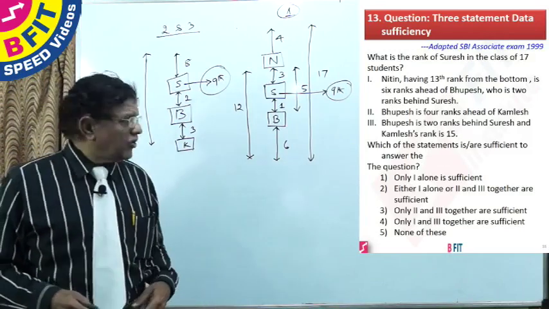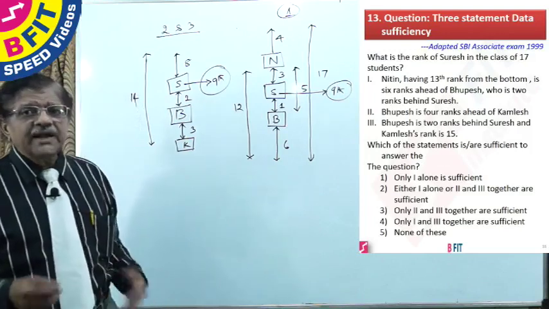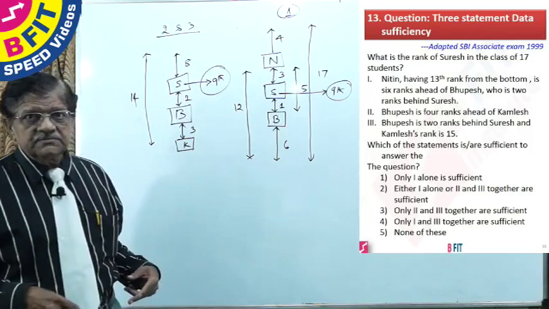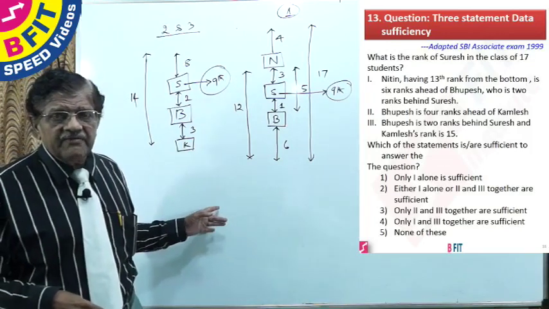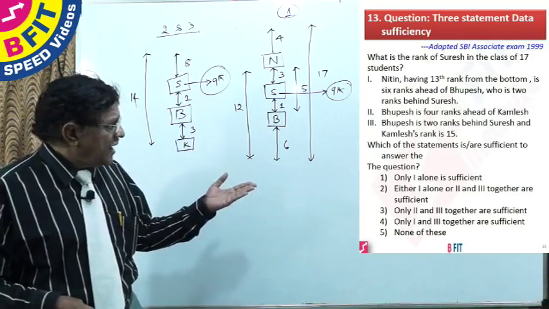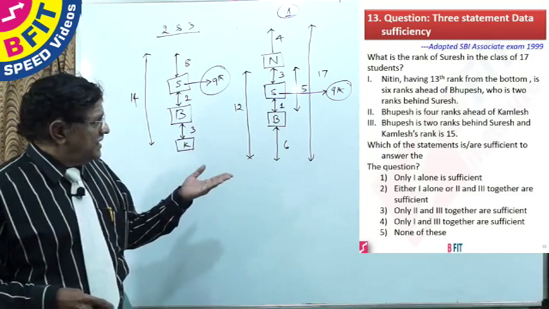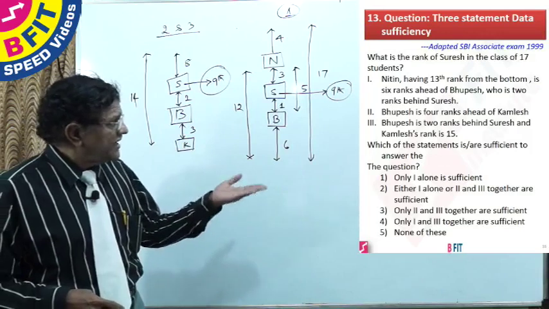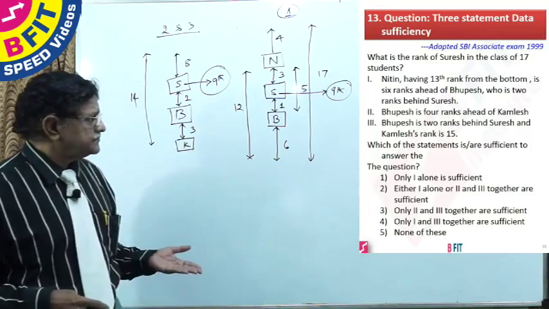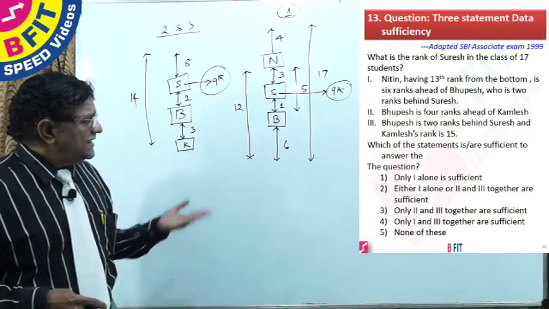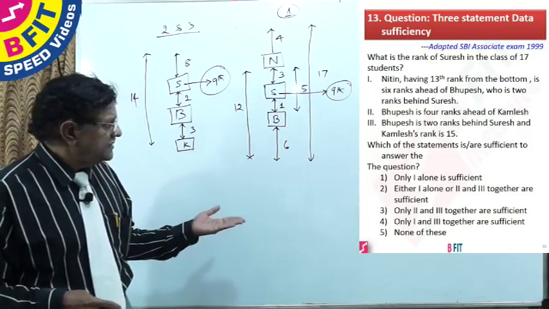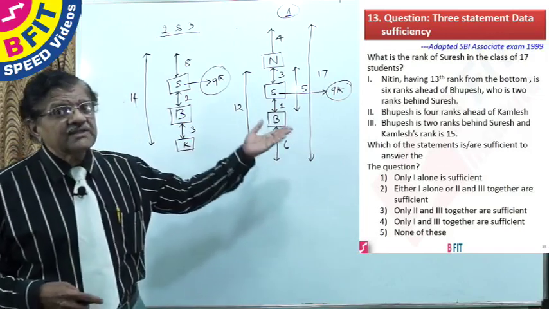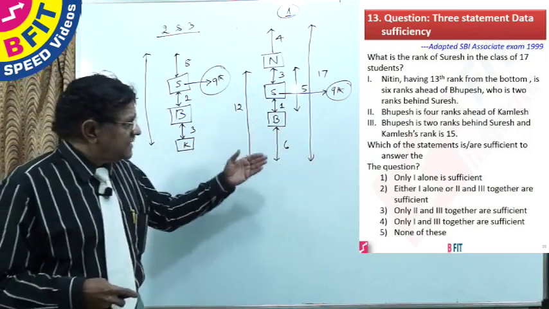Now let us come to option 4. What does it say? Only 1 and 3 together are sufficient. Again, we need not diagram and verify. Let us look at option 2, which we have proved to be correct: either 1 alone or 2 and 3 together are sufficient. We already proved that 2 and 3 together also give us the answer.